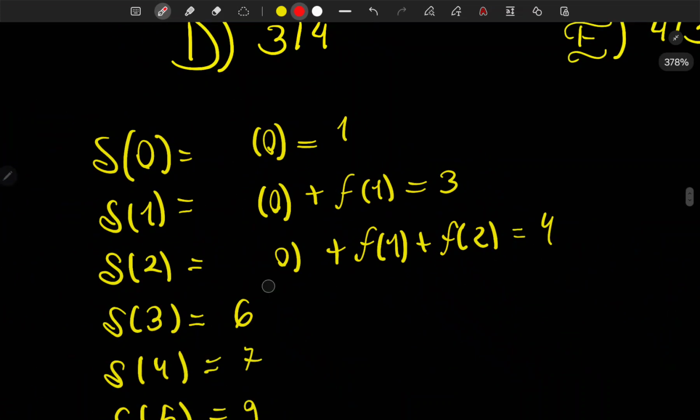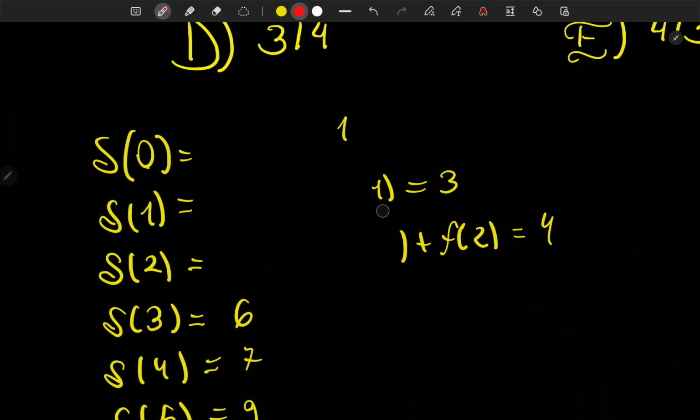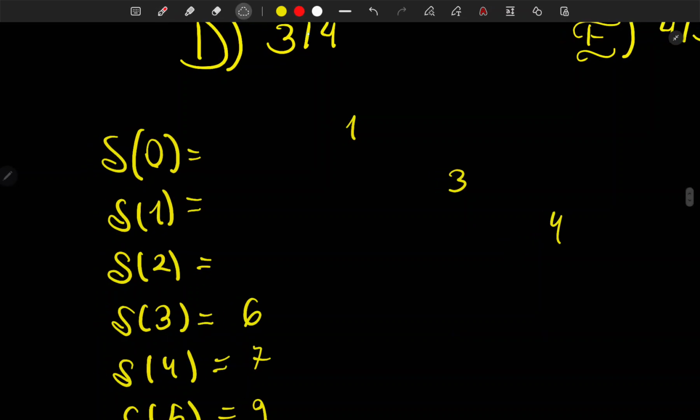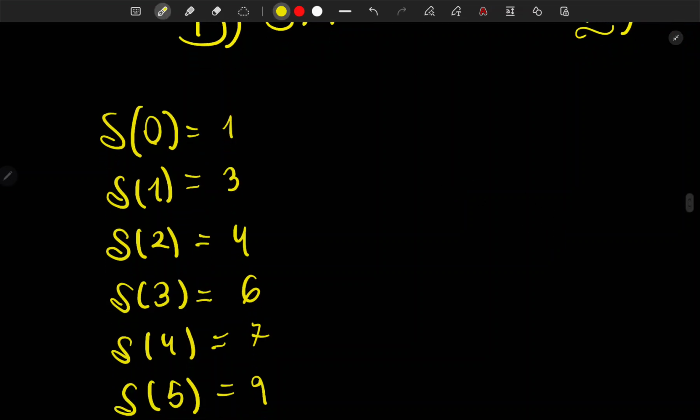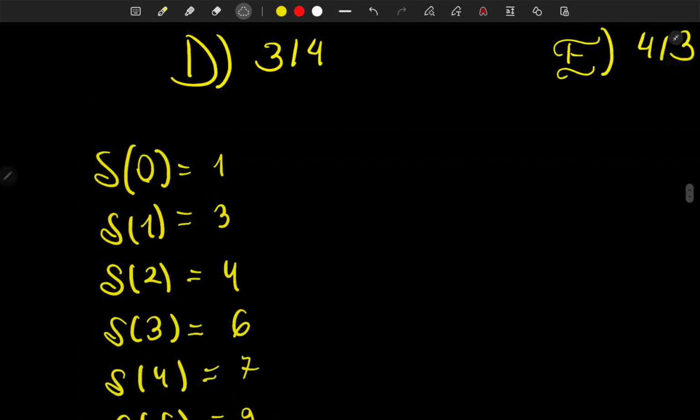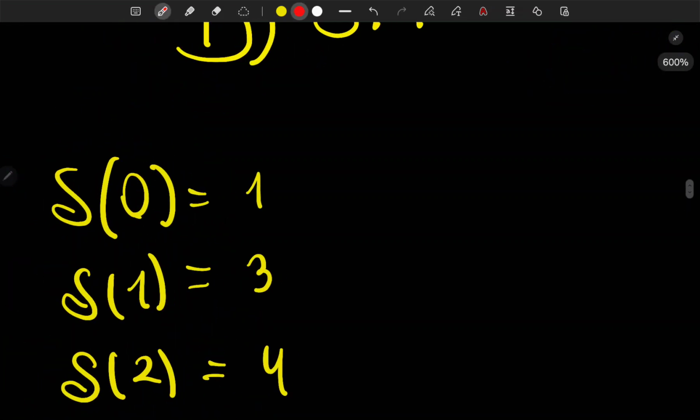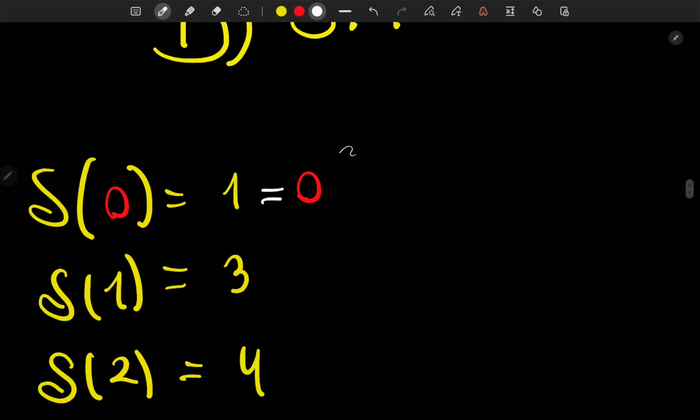Let's just erase this part since it became clear what we are doing here. So this is S of 0 equals 1, then 1, 3, 4. If we have 0 here, we can say that 1 equals 0 plus 1.